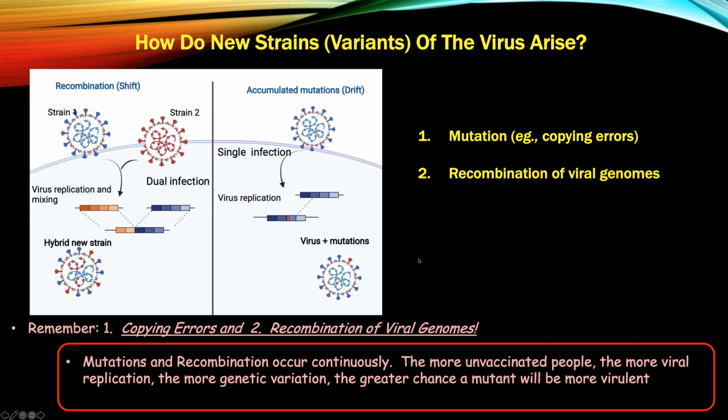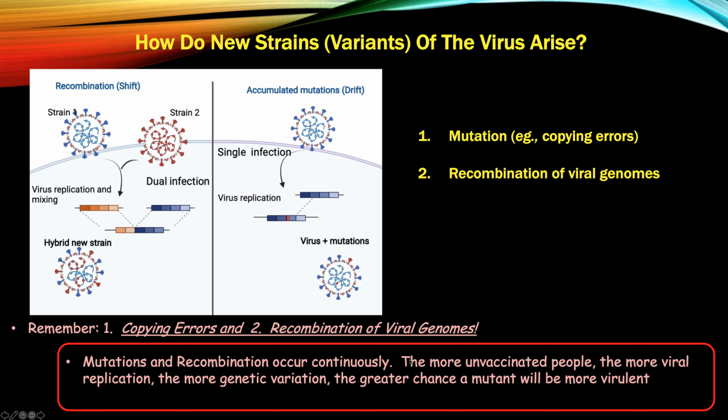But let me just finish this slide first. At the bottom here, remember copying errors and recombination. That's how we get new strains of coronaviruses, and these processes occur continuously.